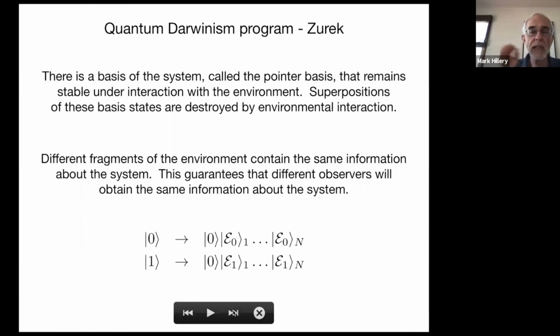And again, you're going to hear a lot more about this on Friday. By the way, the way it's going to work on Friday is that the first talk on this kind of stuff is by Jarek Korbich, and he and his co-workers have a different approach to this from Zurich. What's it called?